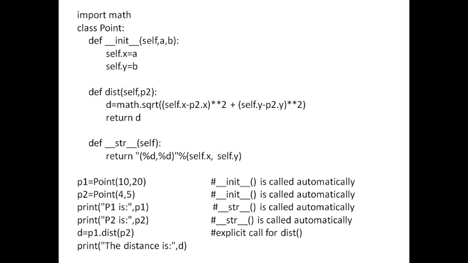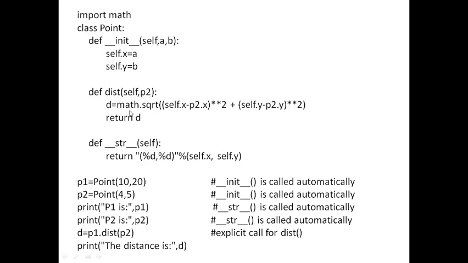Then we have another function called dist, which finds the distance between the 2 points. You can see the parameters passed to this dist function, self and p2. This self is nothing but the invoking object. Already I spoke about this in the previous videos. p2 is the parameter passed here.